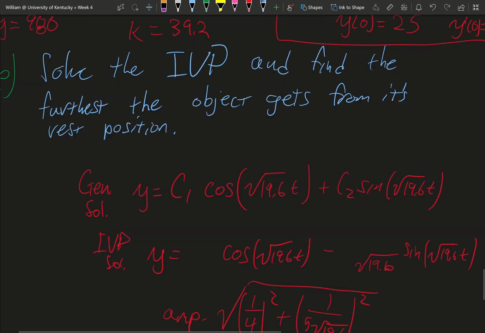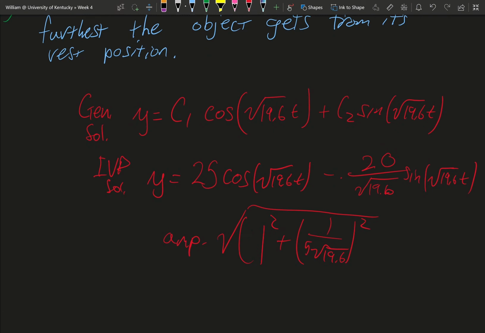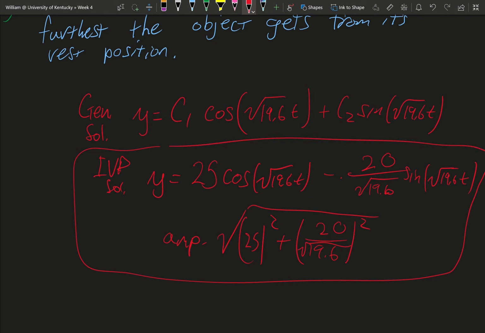If we're doing everything in terms of centimeters, this should actually be 25, and this should be 20 over the square root of 19.6. So that'd be the square root of 25 squared plus 20 over the square root of 19.6, squared. Okay, so then these two parts would be our final answer. And I'll stop it there.